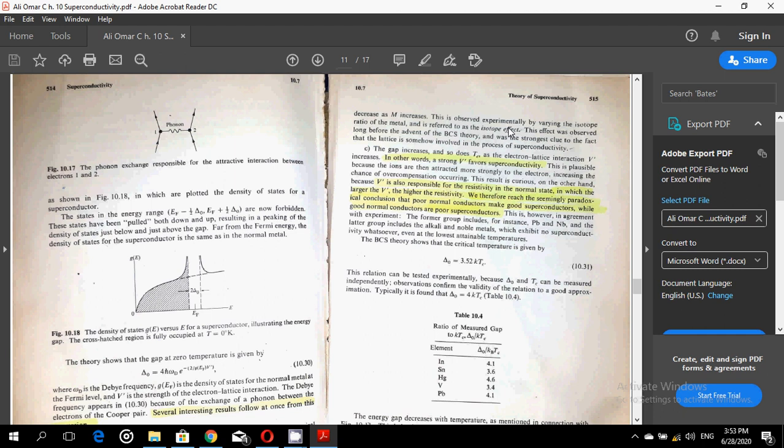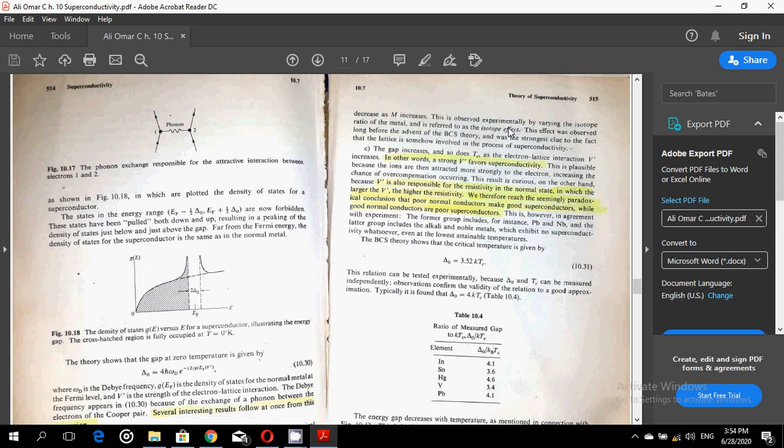This is a plausible statement because the ions are then attracted more strongly to the electron, increasing the chance of overcompensation occurring.